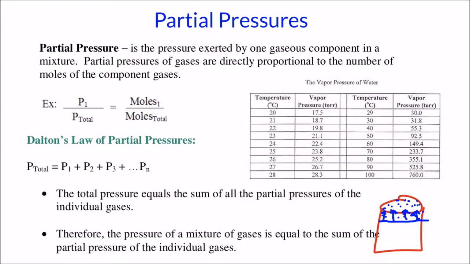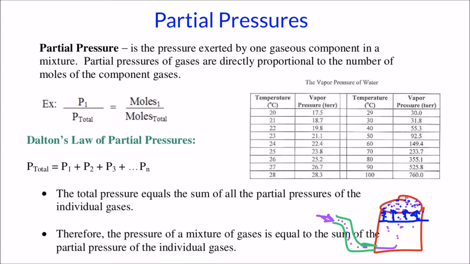Now, if you have some other gas, let's say maybe we have some sort of a tube here, and that tube is connected to some other reaction, and in that other reaction a gas is produced. So the gas from this other reaction is going to flow into this tube here, and then it's going to bubble up through the water, and then it will collect up here with this water vapor.